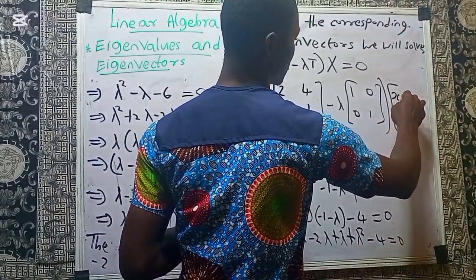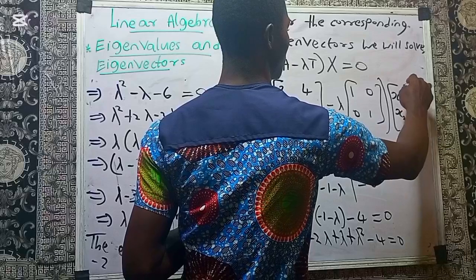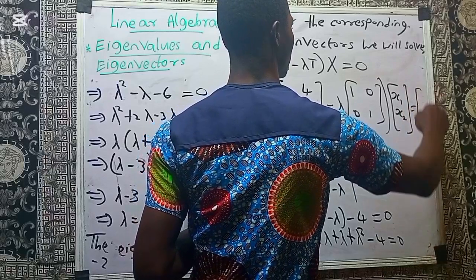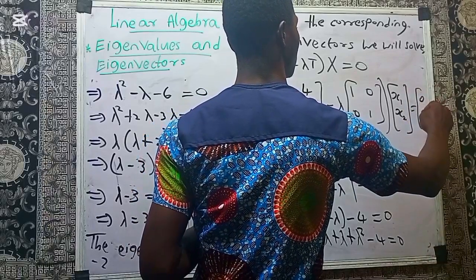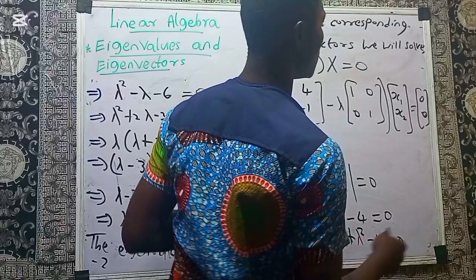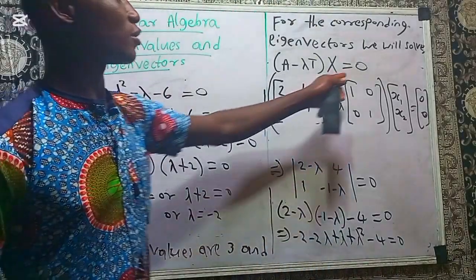It has entries x1 x2, equated to the 0 vector, the 0 matrix. So 0 is the 0 matrix, right?